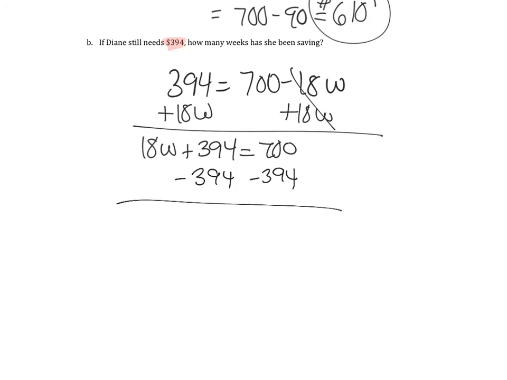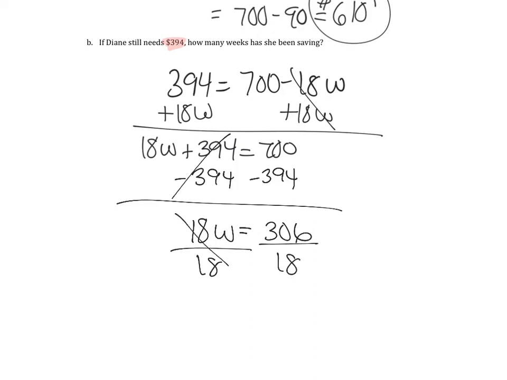So 700 minus 394 is 306. So I have 18W is equal to 306, and then I'm just going to divide by the 18 to get my W, or the amount of weeks. So divide that by 18 and you'll get 17 weeks for your answer there.